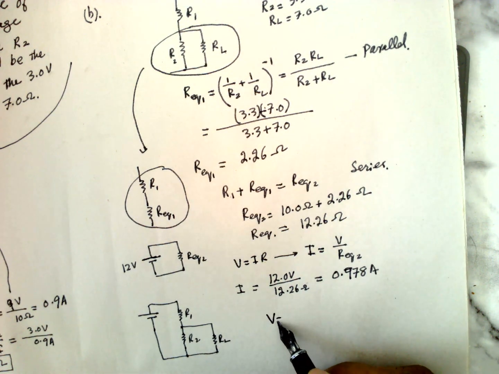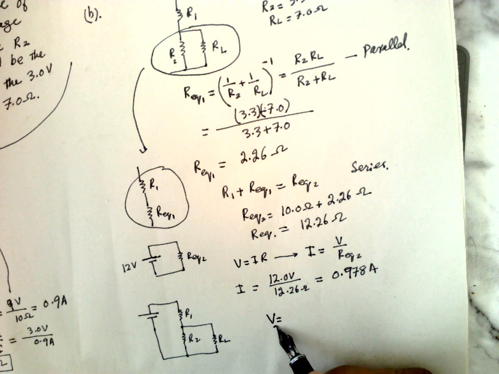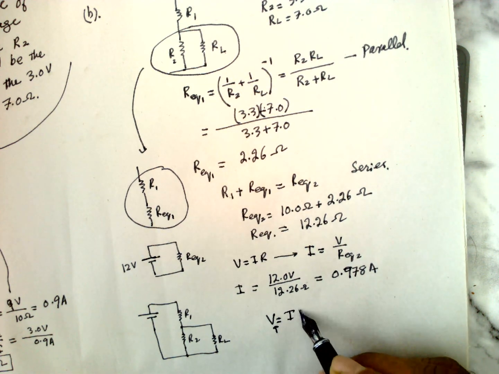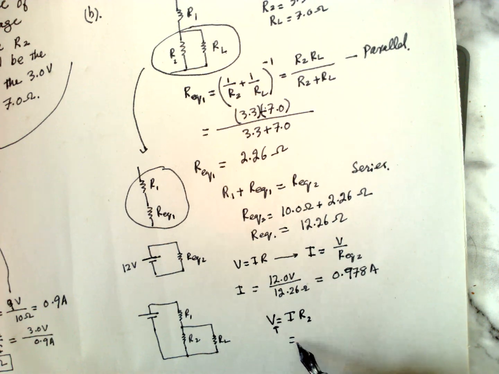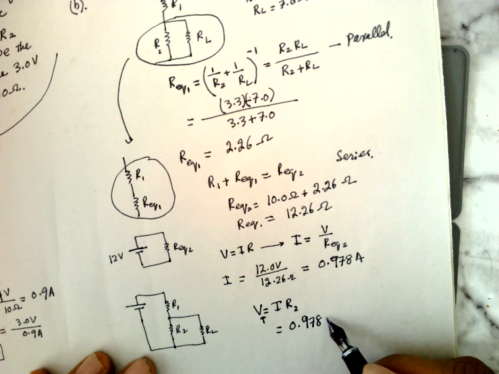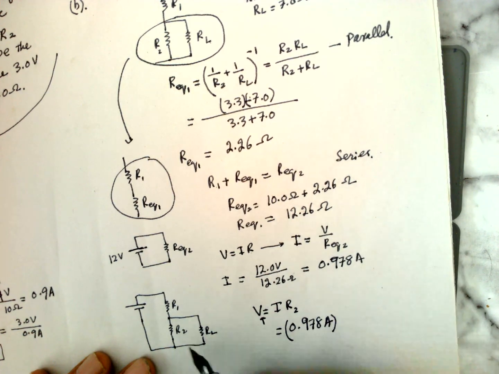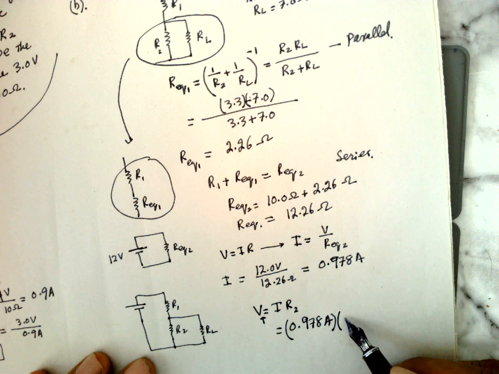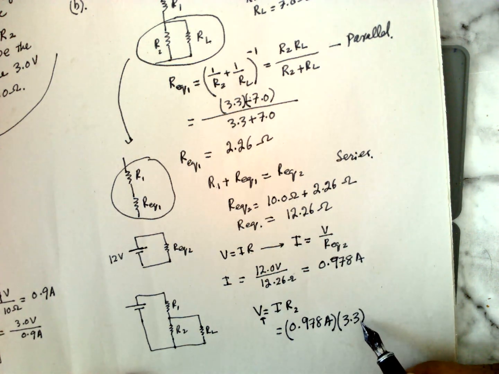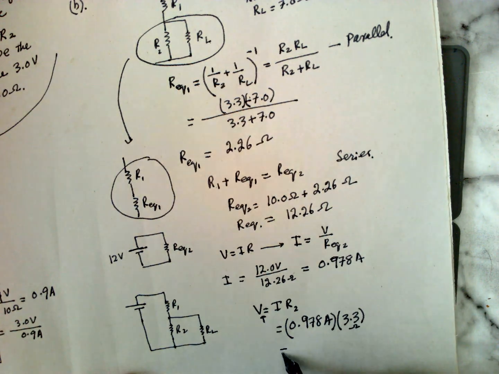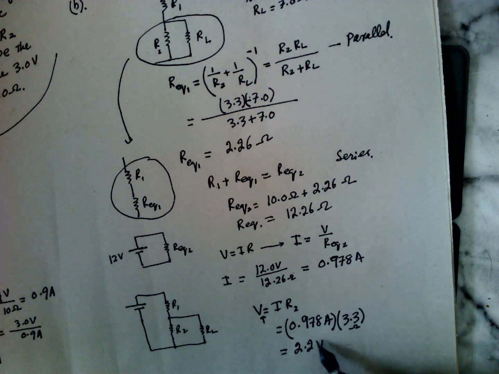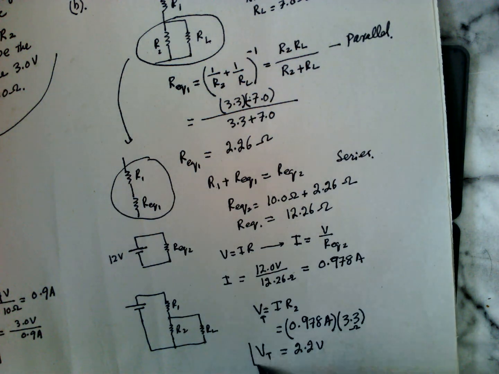So the voltage VT is equal to I R2, which is equal to 0.978 ampere multiplied by 3.3 ohms. So this will give us the value 2.2 volt VT.